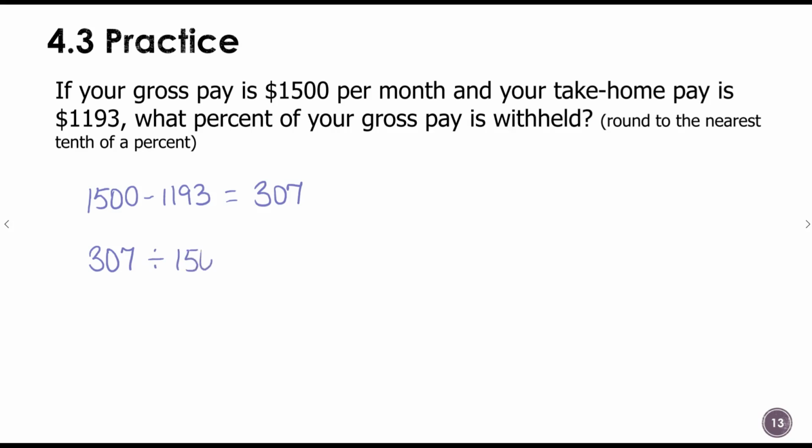So we divide by the 1,500, and we get 0.2046, which would be 20.5% rounded to the nearest tenth, right? We're going to have to look at that number because we moved the decimal 2 places first, and then that's how we round it.